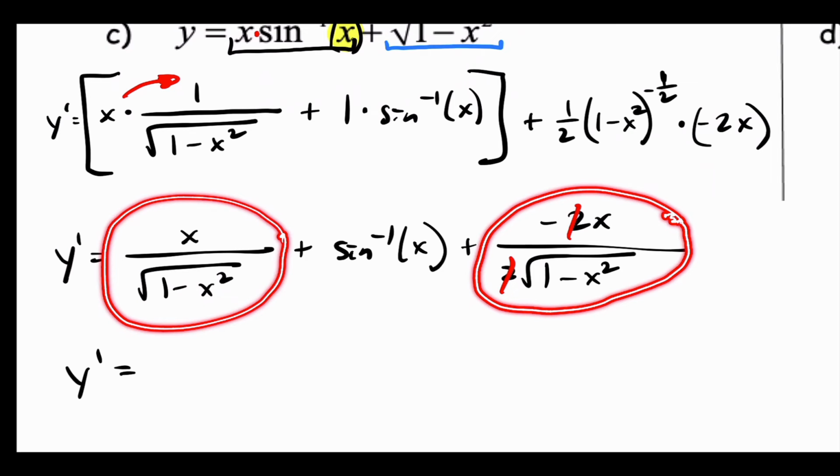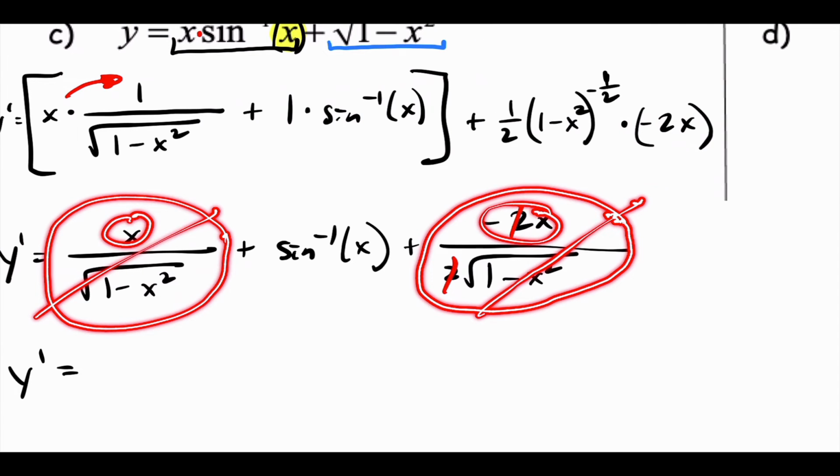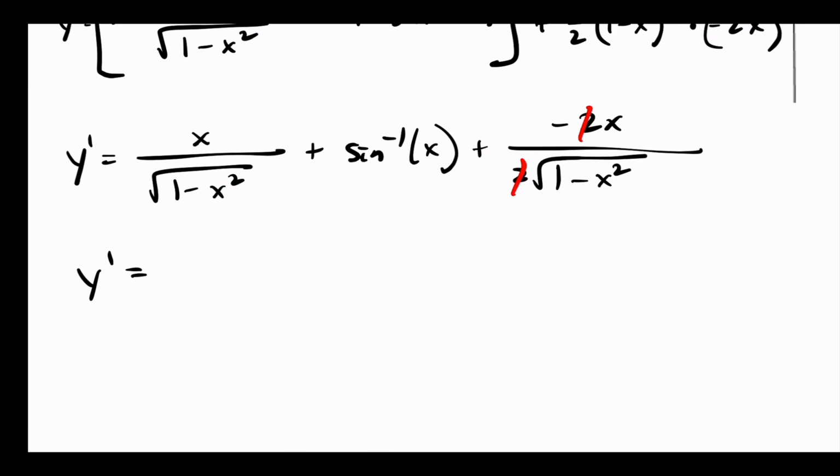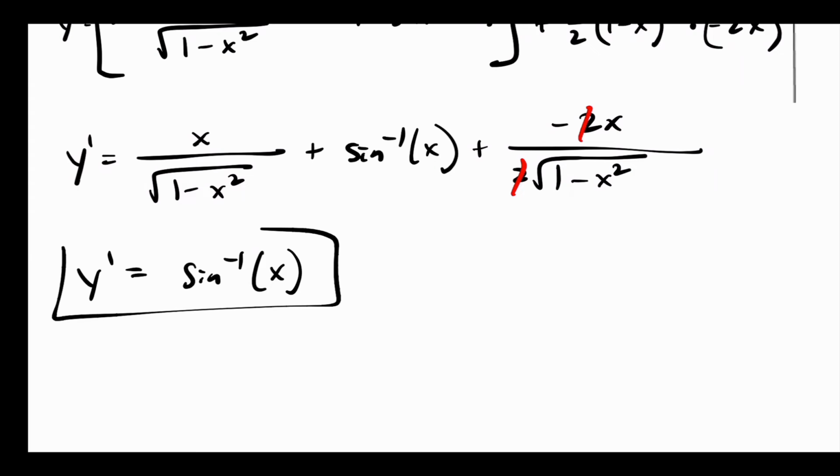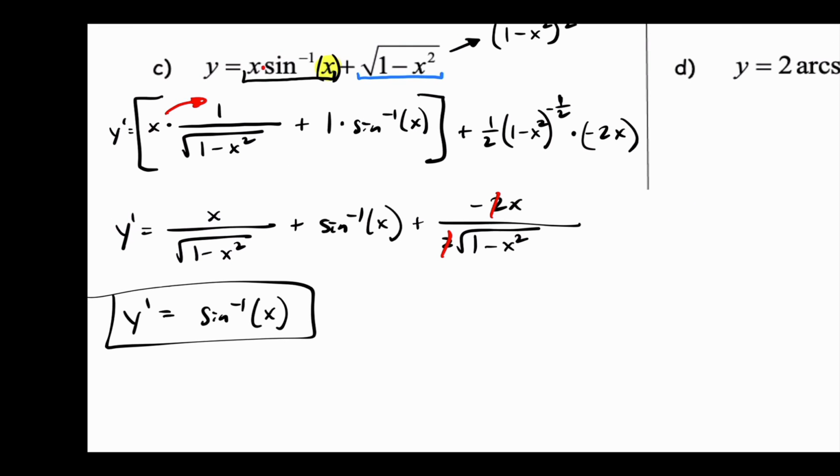They become 0, because this one has an x, this one has a negative x. Add them together, you get 0. So they end up canceling each other out. So the only thing that's left is this. That's it.